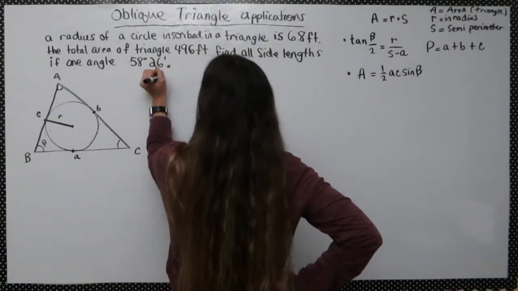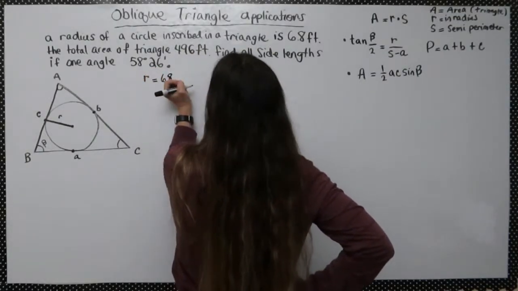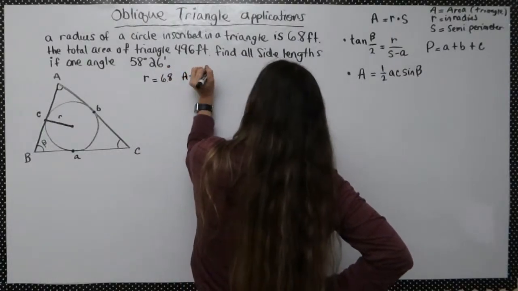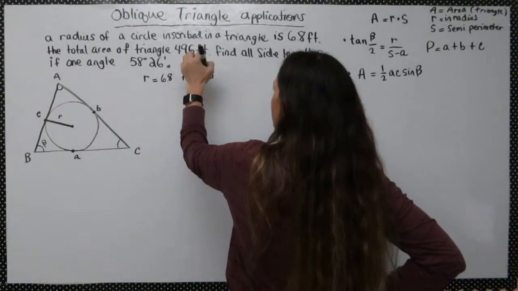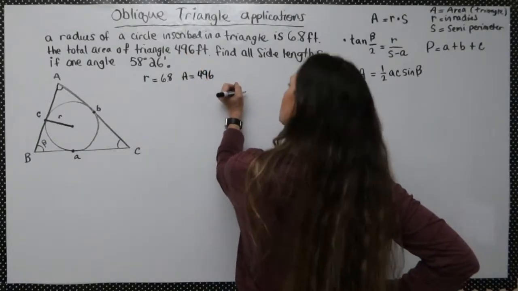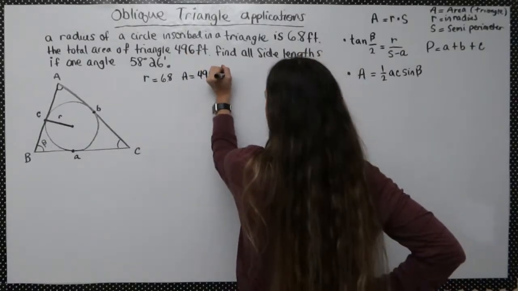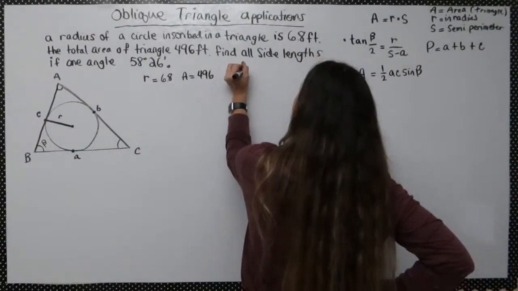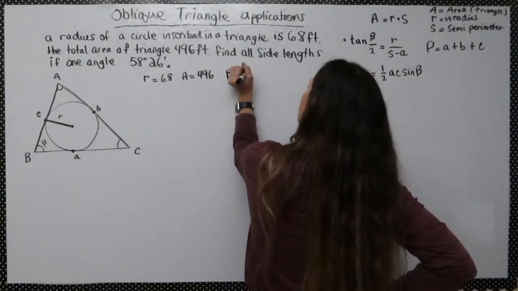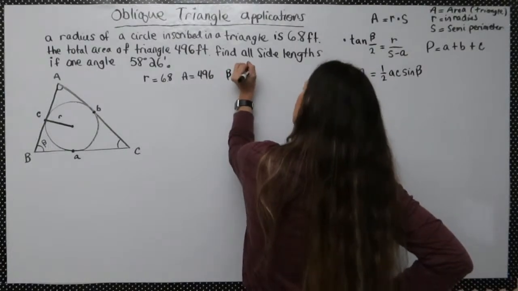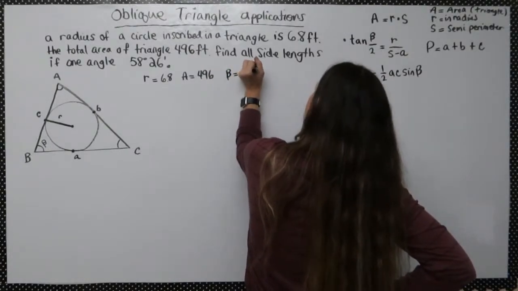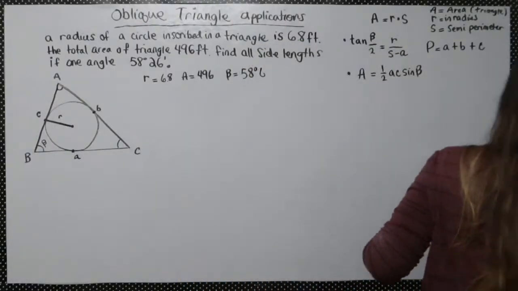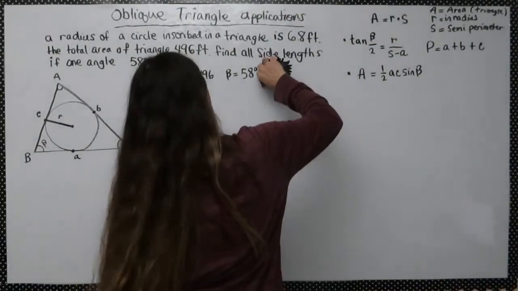So we have R equals 6.8, and we have A equals 496. And we'll leave the units off, and we'll put them in again at the end because units are important. But we're trying to simplify and keep this as simple as possible to not overcomplicate it. So we'll just remember that they're feet, remember that they're units, and then we won't have to put them on every time.